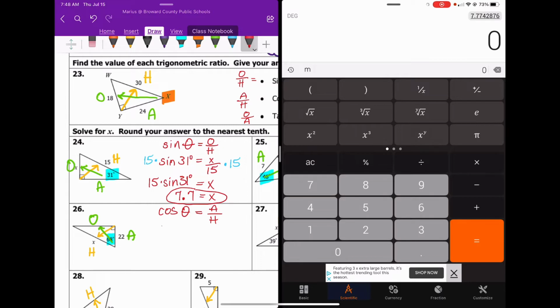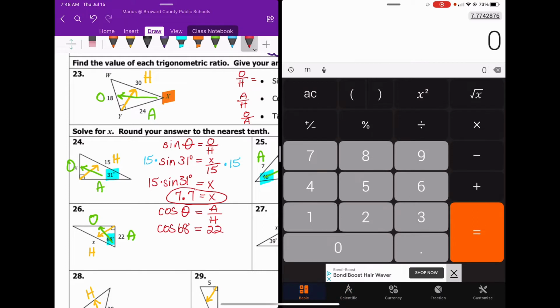So this is going to be cosine of theta is equal to adjacent over the hypotenuse. In this case, our theta is 68. So cosine of 68 is equal to 22 divided by x, okay?